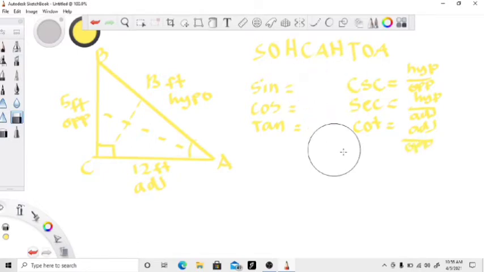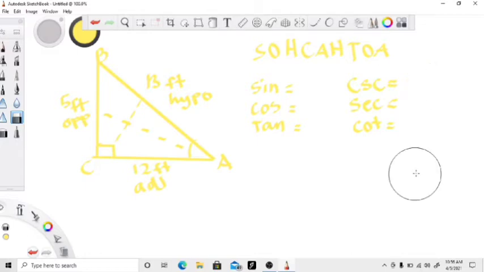So let's start answering. How do we solve this? It's just by looking at their positions in the triangle and looking at the SOHCAHTOA formula. For sine, it is opposite over hypotenuse, where our opposite is 5 feet and hypotenuse is 13 feet. So our answer is 5 over 13.